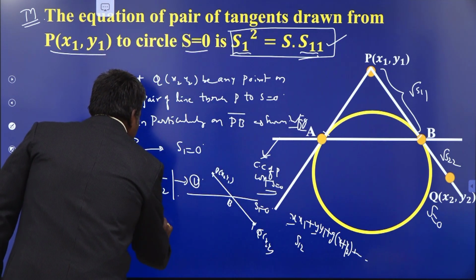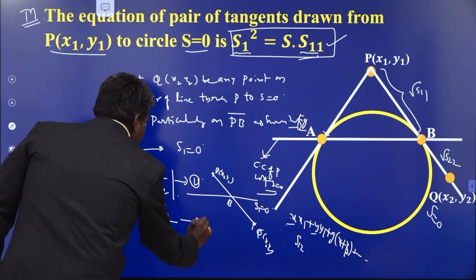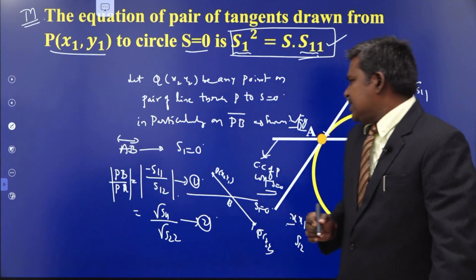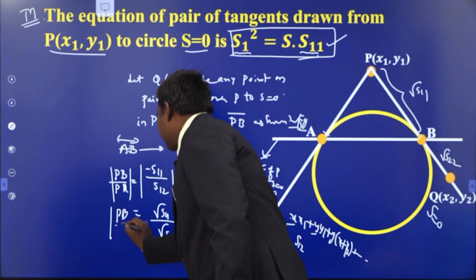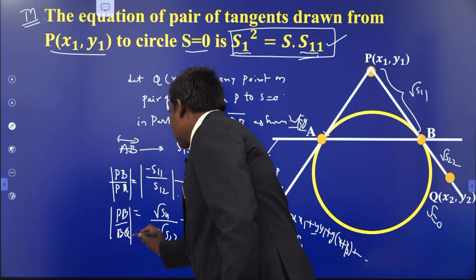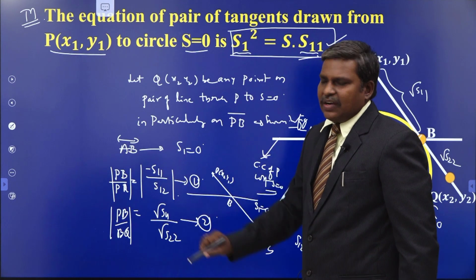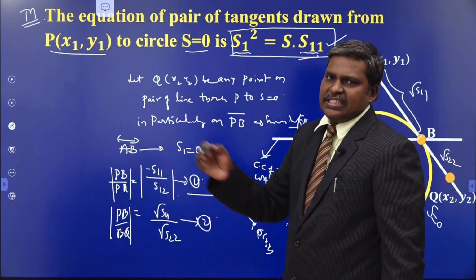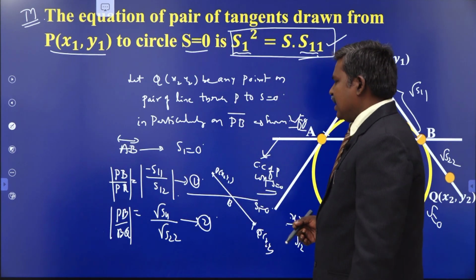This is equation number 2. This is with respect to the length of tangents, and the earlier one is with respect to the first year concept: a line segment divided by some line in the ratio -L11 : L22.